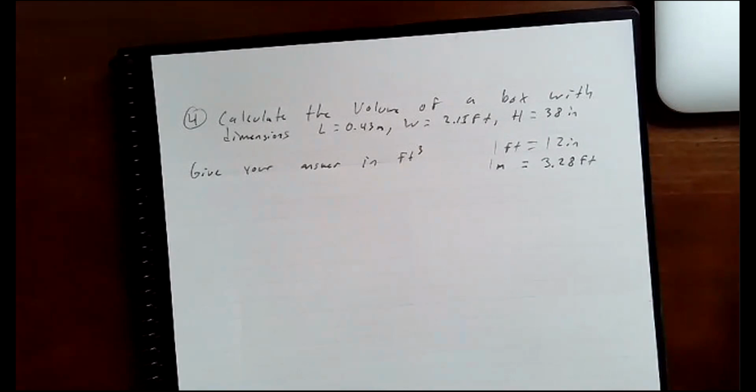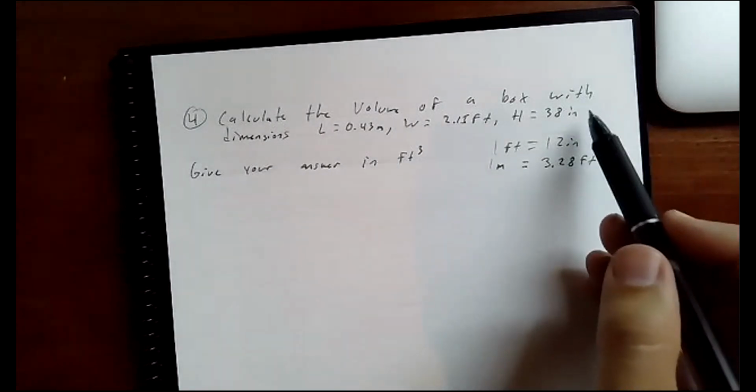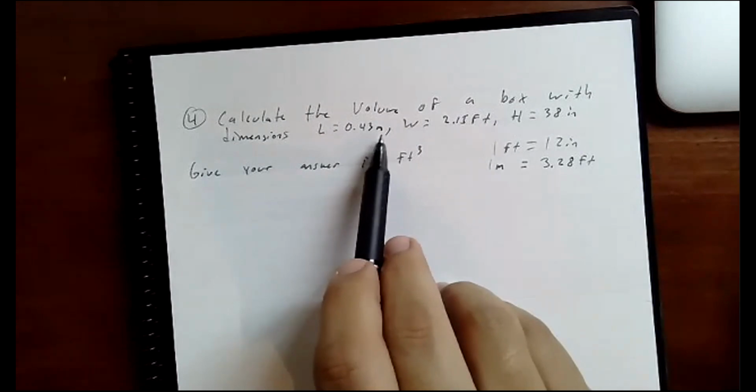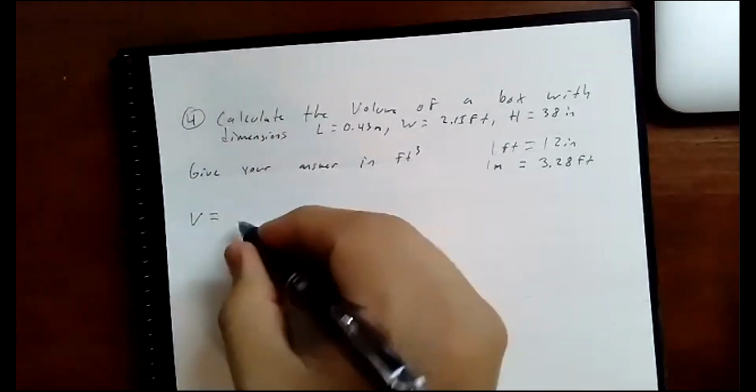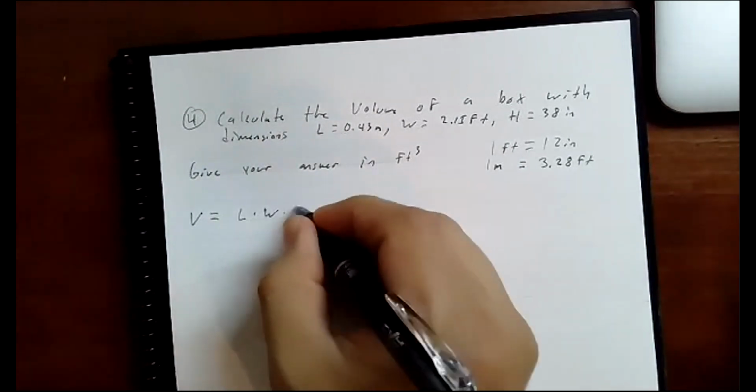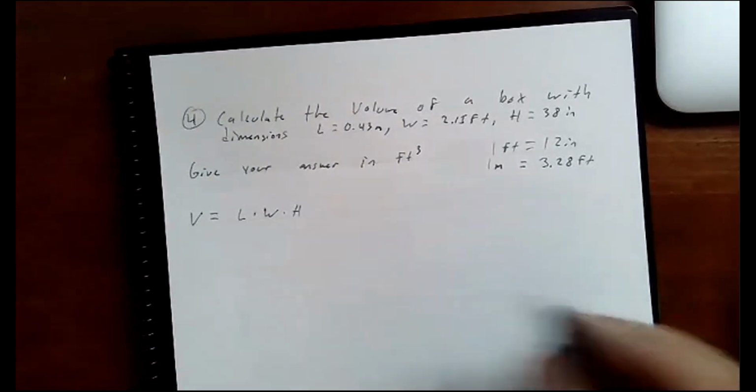Currently we want to get to feet cubed, so we need to change everything to feet. So I need to cancel inches, I need to cancel meters. That's the goal. We also need to remember that volume is equal to length times width times height, right? That's not a big deal.